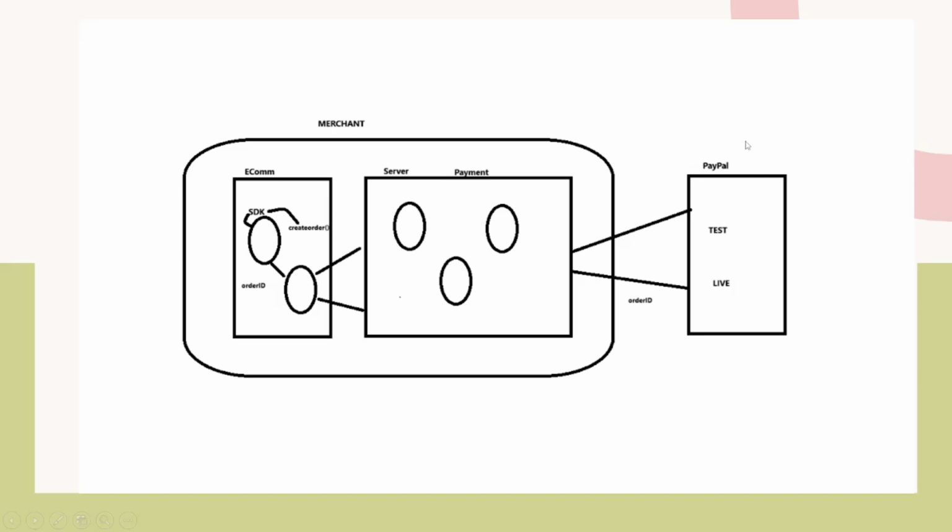The server uses the order ID to communicate with PayPal's APIs, directing the request to links such as v2/checkout/orders endpoints. As we have seen in our previous video, we used this link to connect our project with Postman.